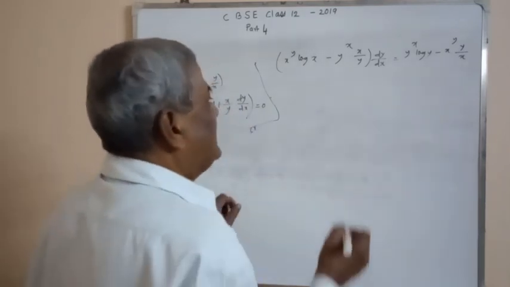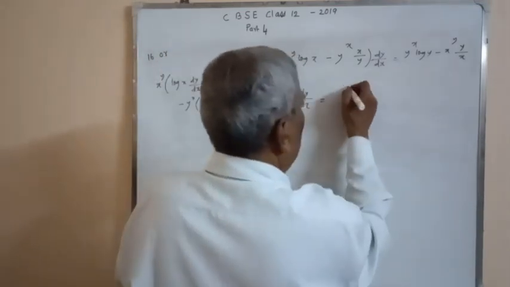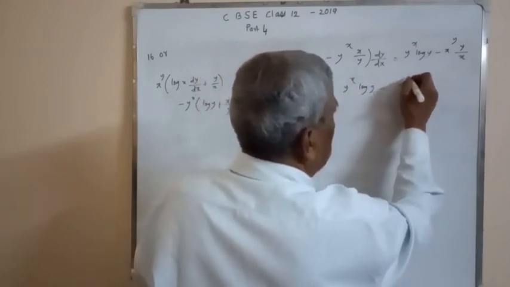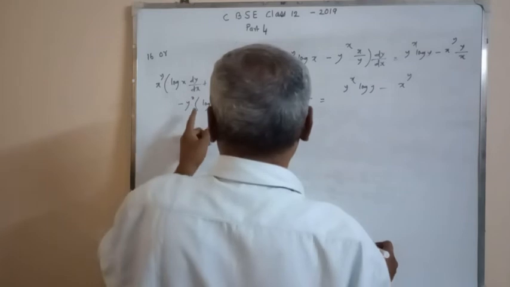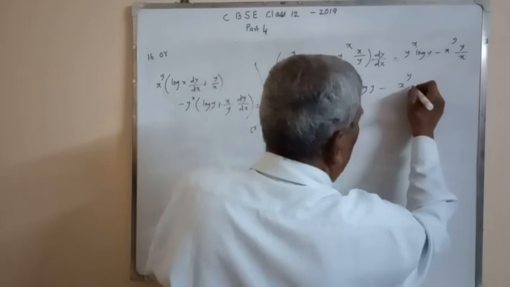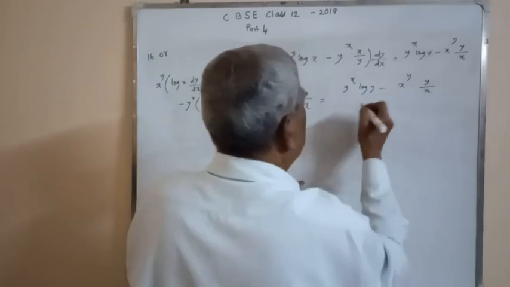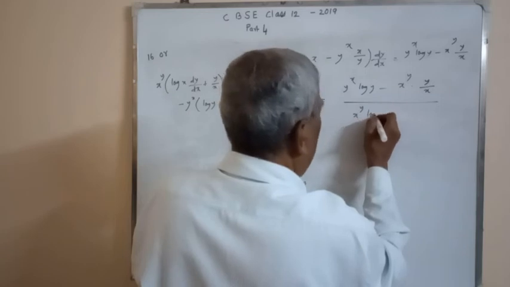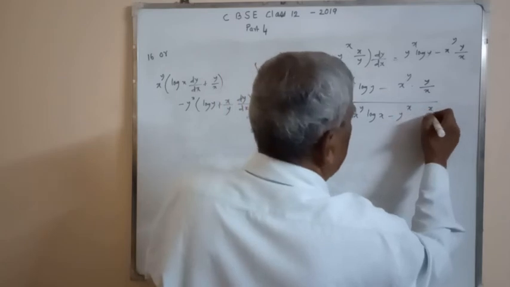So dy/dx becomes y to the power x log y minus x to the power y into y by x, divided by this thing, x to the power y log x minus y to the power x into x by y.